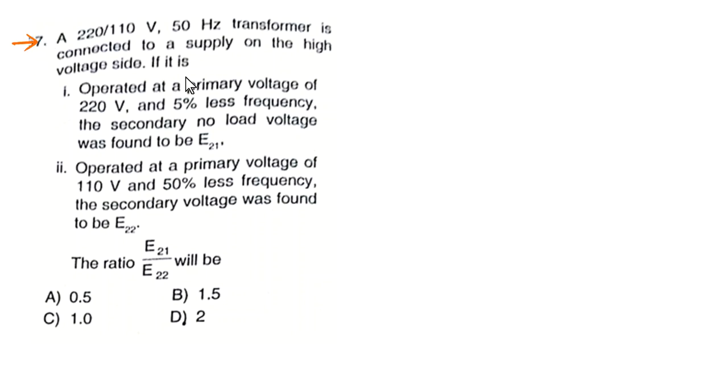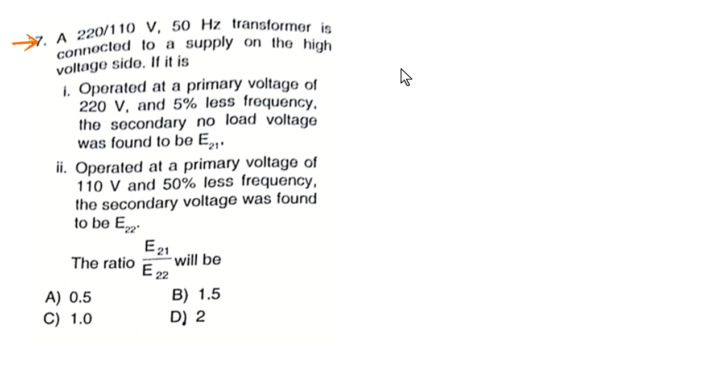A 220 V / 110 V, 50 Hz transformer is connected to a supply on the high voltage side. If it is operated at a primary voltage of 220 volts and 5% less frequency, the secondary no load voltage was found to be E21. Operated at a primary voltage of 110 volts and 50% less frequency, the secondary voltage was found to be E22.